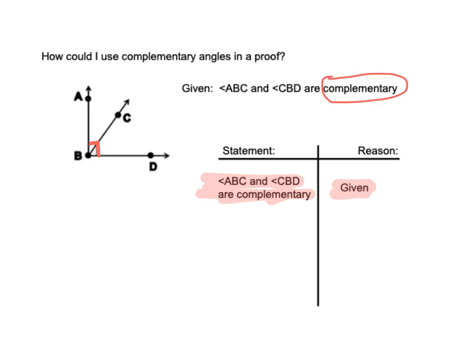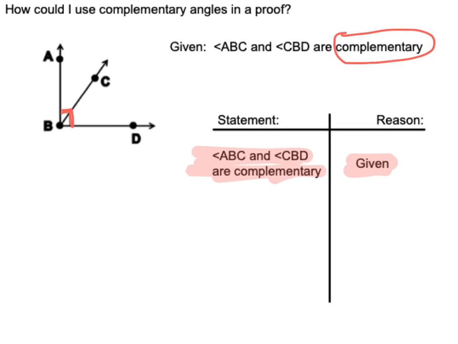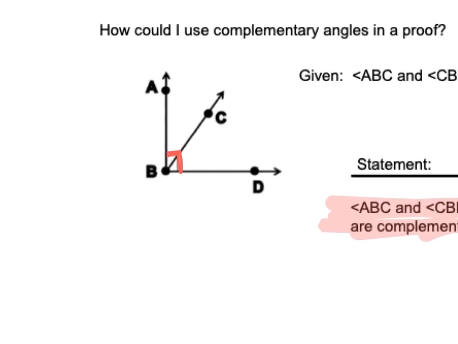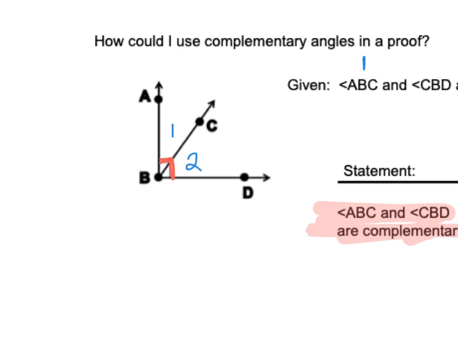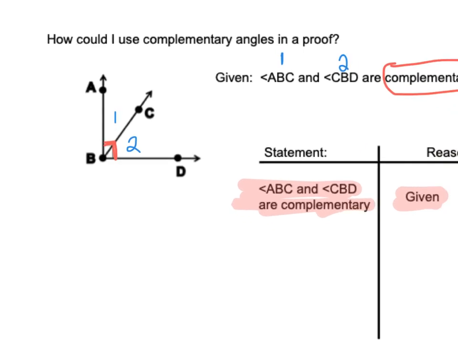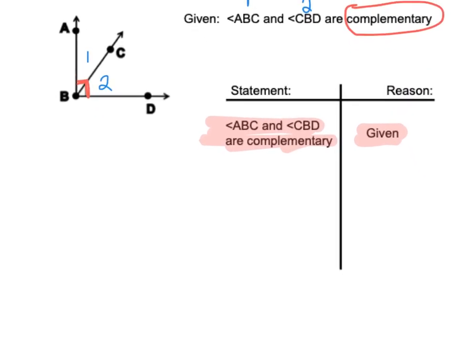So what I can say is, and again, I'm going to come over here just to make our life a little bit easier, I'm going to label angle ABC angle 1, and I'm going to label angle CBD angle 2. That just makes it a little bit easier when we go to write our proofs, less letters in there. Okay, so I know that they're complementary. The definition of complementary tells me if I add them together, they equal 90 degrees.